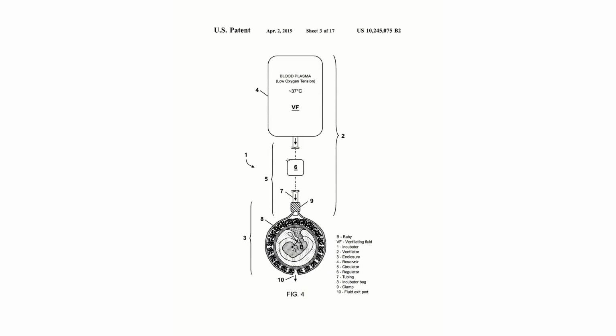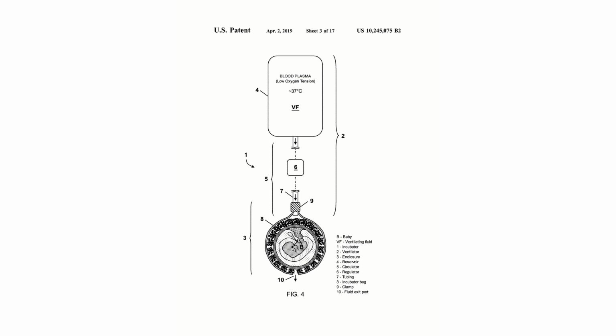So then you can have an incubator, which ranges from, here's a very crude example. You have blood plasma with a low oxygen tension at approximately the same temperature as the maternal uterus would be, and the fluid flows down.